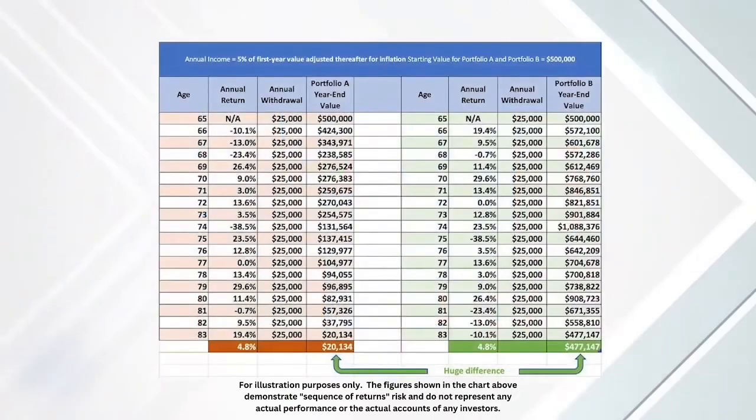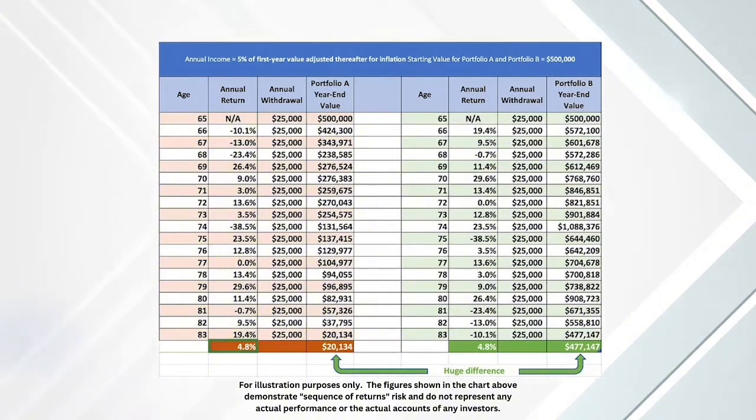Okay, so now let's look at the second set of numbers, because this really shows the importance of sequence of return risk. In the second set of numbers, this is where we start taking money from the portfolio. Again, we start with $500,000, and we have negative rates of return early in portfolio A: -10%, -13, -23, and at the bottom, that's where we have our positive rates of return, +9, +19.